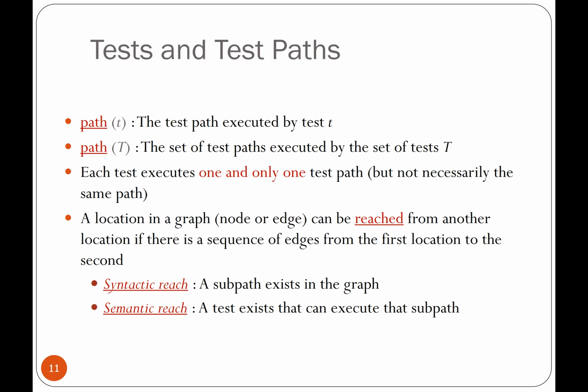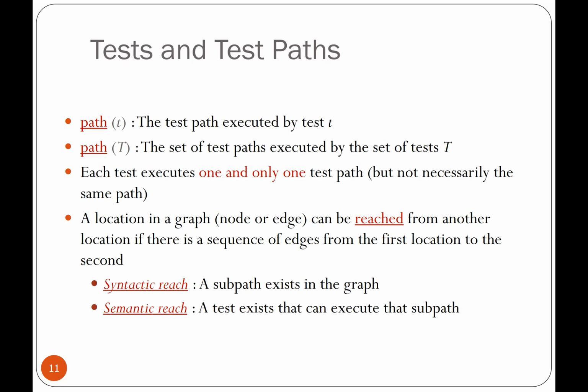And when we say path brackets T, capital T, that means this is the total set of test paths that are executed had we executed the total set of test cases that we have. Each test case executes one and only one test path, not necessarily the same path. We're going to talk about that in a moment.